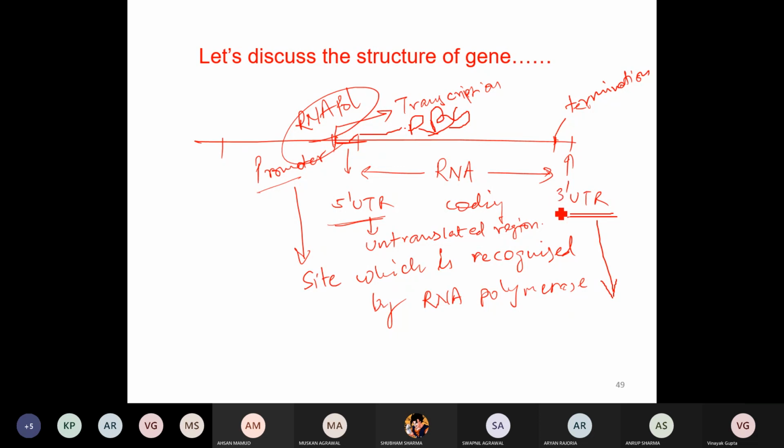Or it is also helpful in the translation part, which we are not going to discuss here in this course. So if a mutation is there, either it is going to affect protein synthesis, translation, or it can affect the stability of the mRNA, which we get from the transcription of this particular gene here. Any doubt here in this structure?